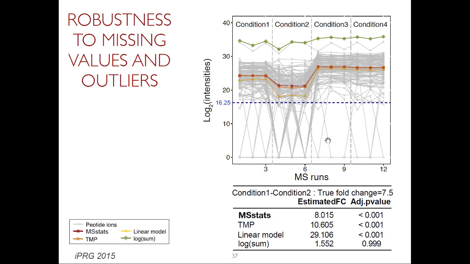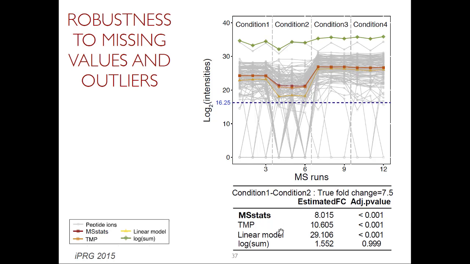This is a protein which was fairly abundant, so we have many features. The gray lines here are the peptide ions of this protein across all replicates and conditions. The blue horizontal line is our cutoff, below which we don't trust the values. So MSstats assumes that everything below that is censored. We will not use them literally.